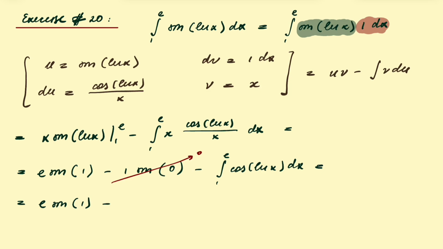minus, again we can use integration by parts with the same trick as we did before, and this time I'm opening up the brackets so that we can do integration by parts in our head. Keep in mind that cosine of ln of x is the function we'll differentiate later on. We need to care about the function we want to find an antiderivative of. First we just rewrite the cosine of ln of x.